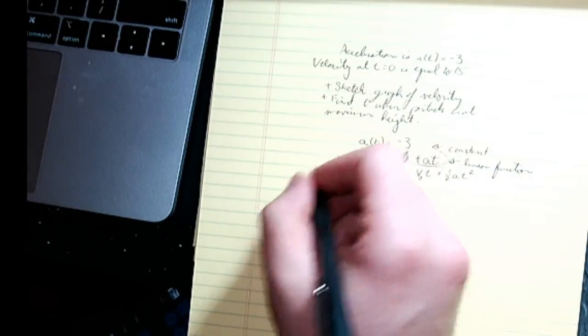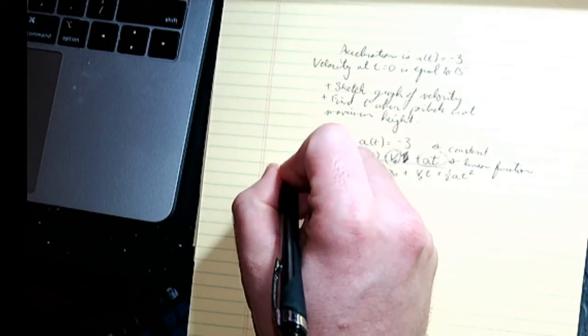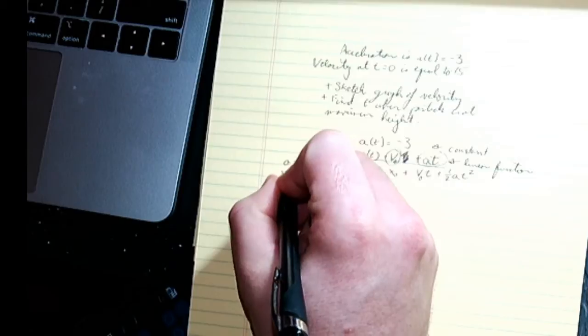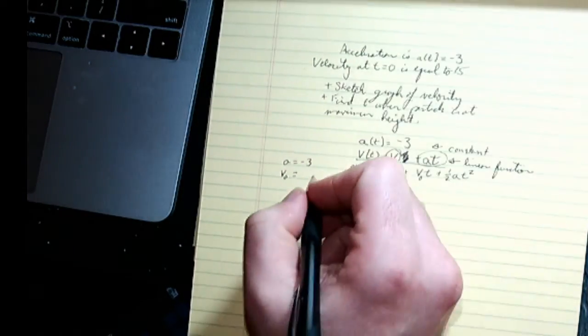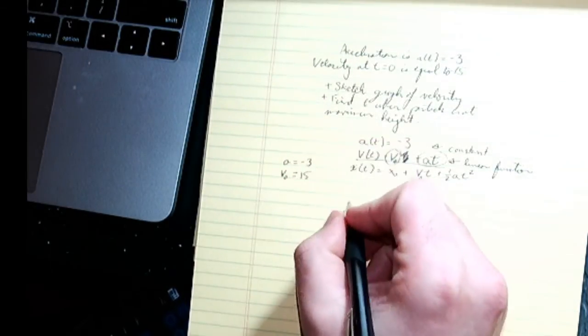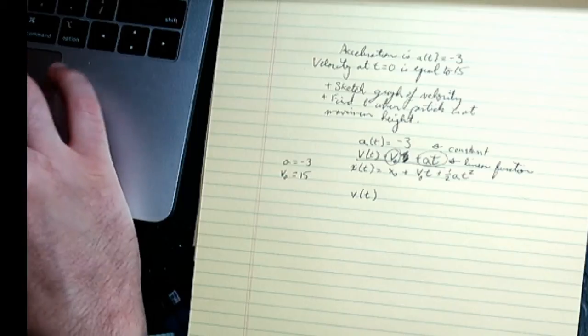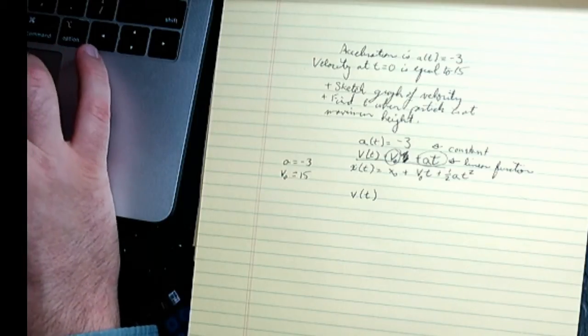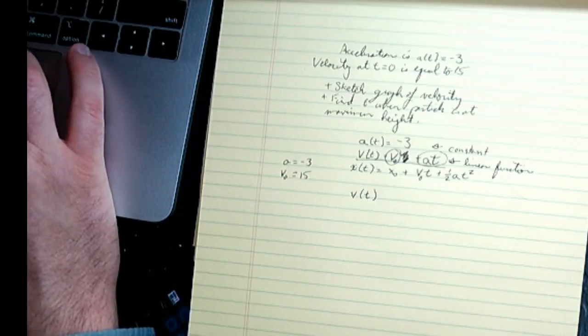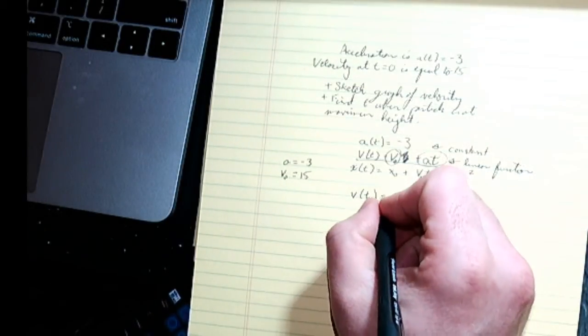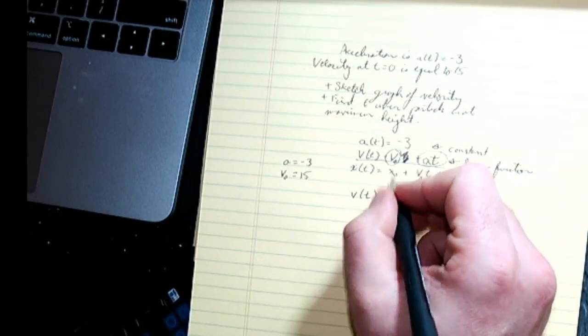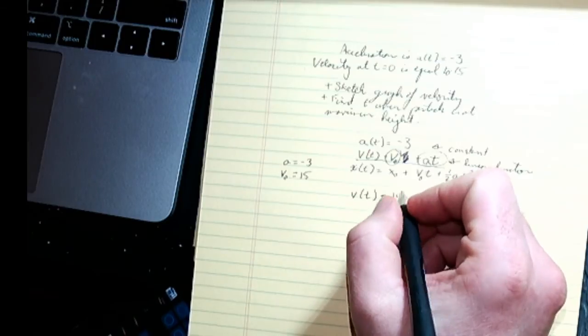In this problem we're given a is equal to -3 and v naught is equal to 15. So in this case we know v of t is equal to v naught, 15, plus a.